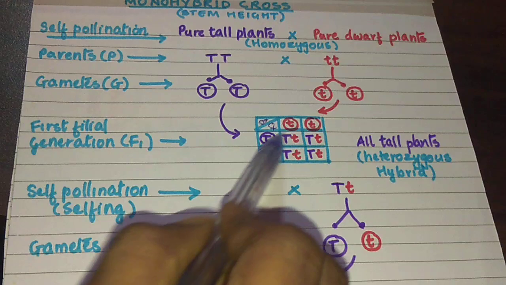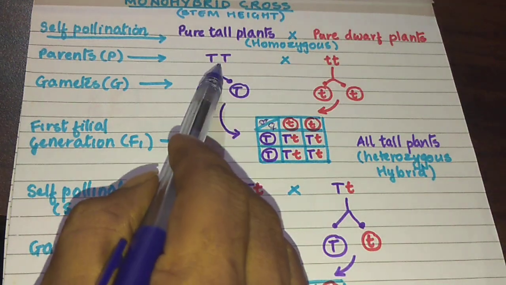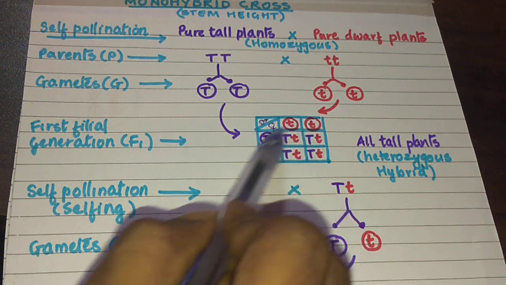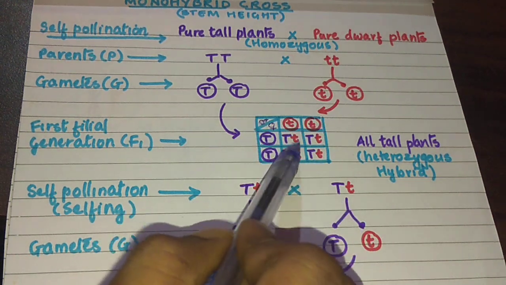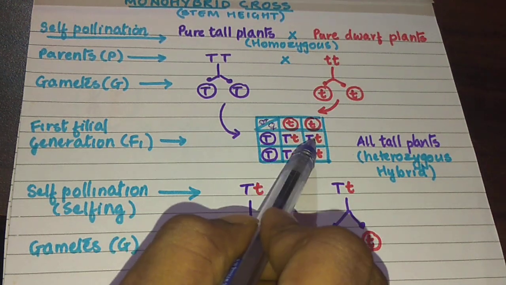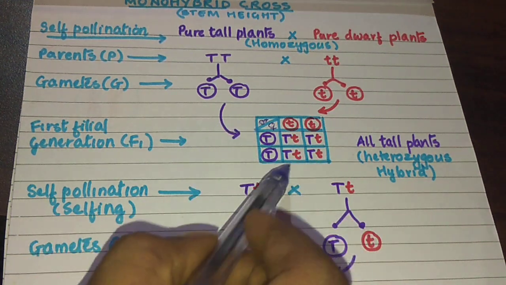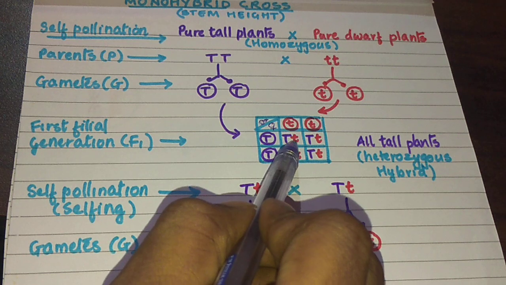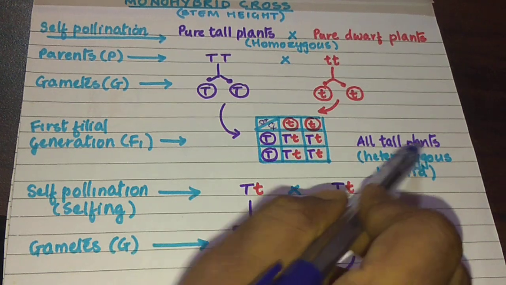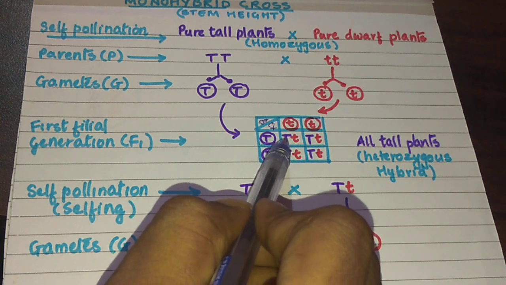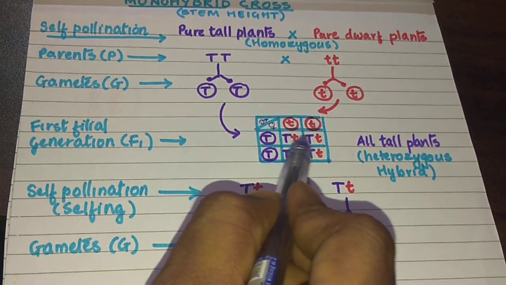So when the cross was carried out between the tall plants and dwarf plants, they produce the gametes, and the gametes are shown in the Punnett square, and we can see the different types of individuals in these squares. We see that all are tall plants. Why are they all tall even though there is a small t here?